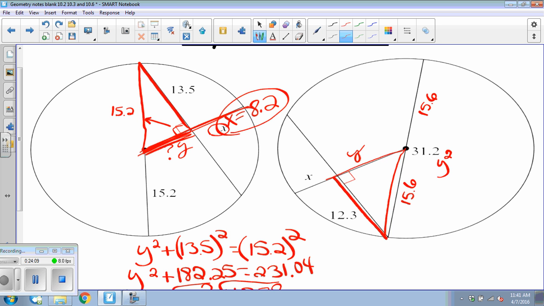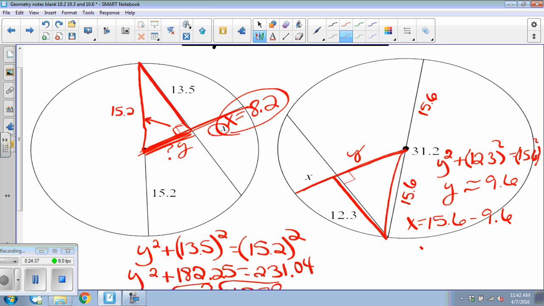So we have y squared plus 12.3 squared equals 15.6 squared, and you end up getting y is approximately equal to 9.6. And then again, 15.6 minus 9.6, x is 6.